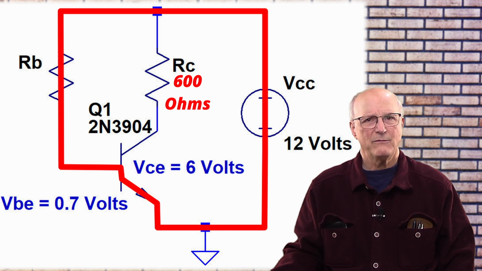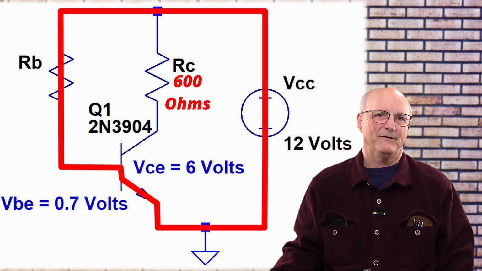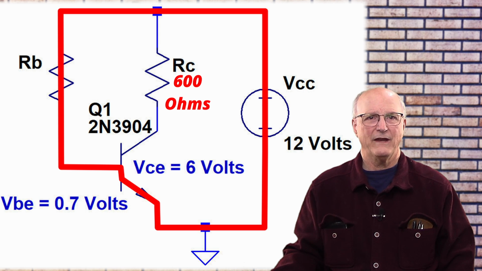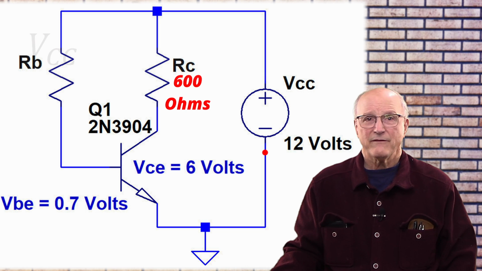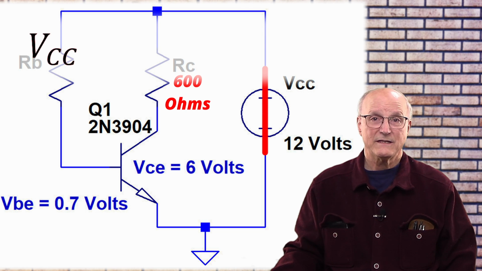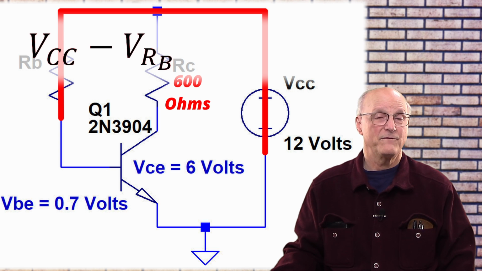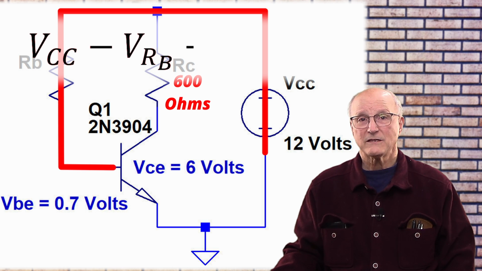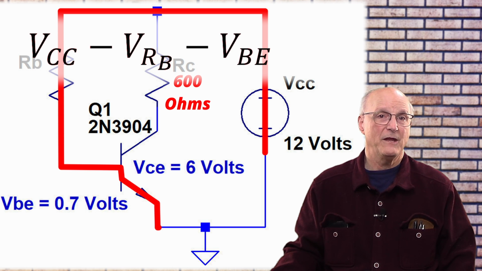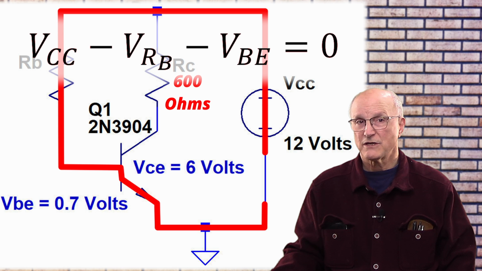This base emitter voltage is yet another voltage drop, a negative voltage change. Now, let's write this trip in the form of an equation. This would give us the power supply voltage, or VCC, minus the voltage across the base resistor, VRB, minus the voltage across the base emitter junction of the transistor, VBE, equals 0.